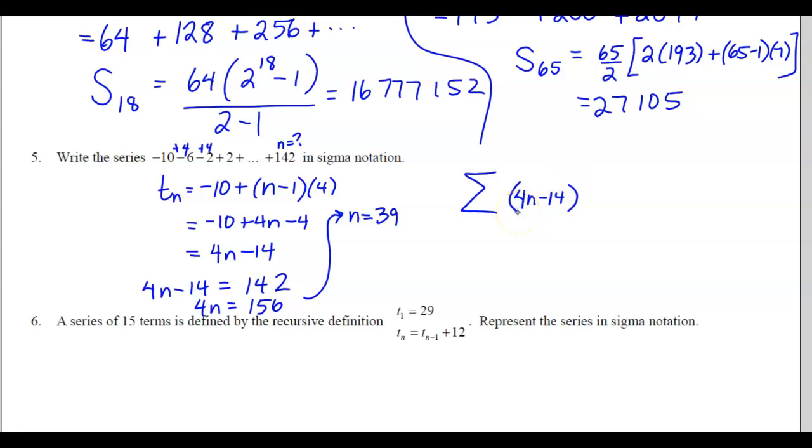So if you're coming up with a series, you can use n because we're starting at n equals 1. Otherwise, don't use n. If you're starting at anything different than 1, then you'll get confused in terms of term number. But we're starting at 1 and going to 39.